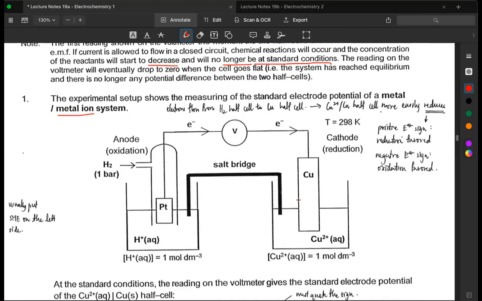So copper is more likely to undergo reduction compared to hydrogen. Copper 2+ to copper is more easily reduced compared to hydrogen, which means you have a positive standard electrode potential, implying reduction is favored. If you have a negative electrode potential, it means oxidation is favored.